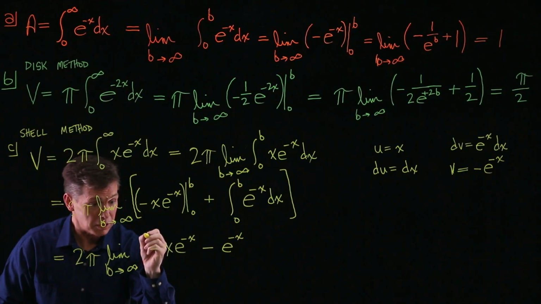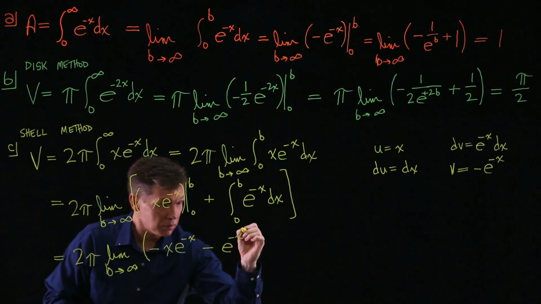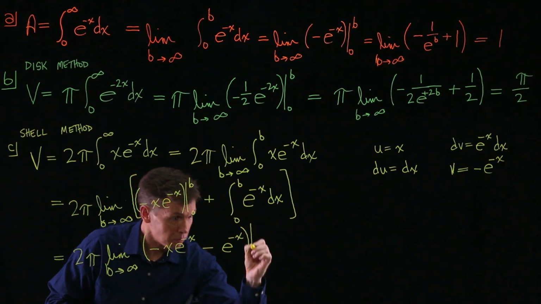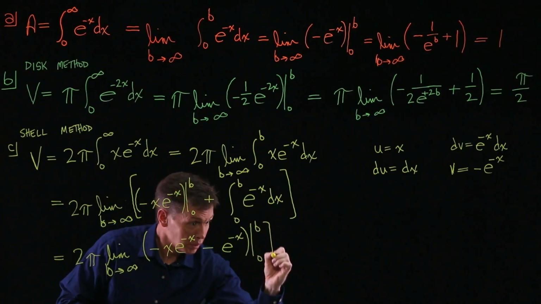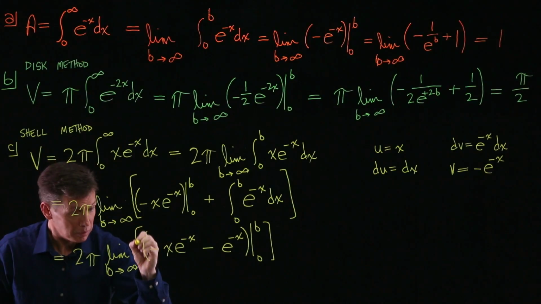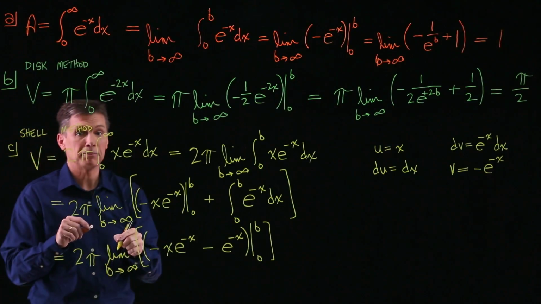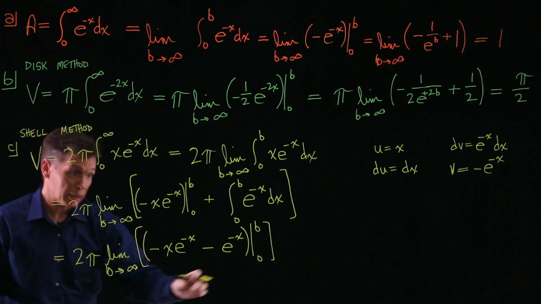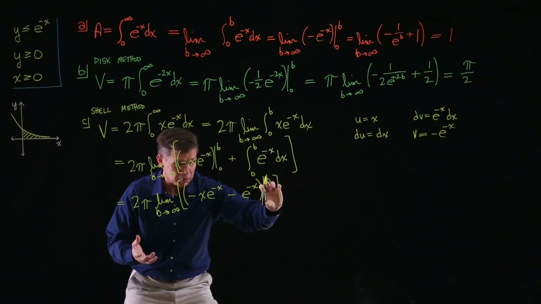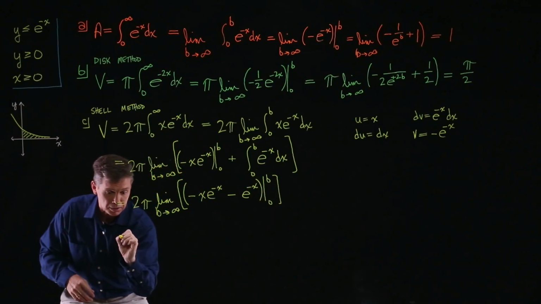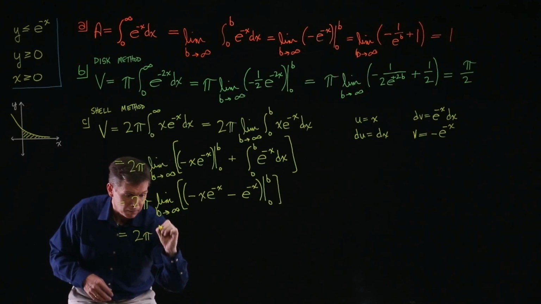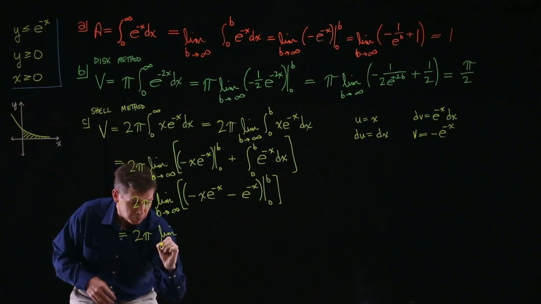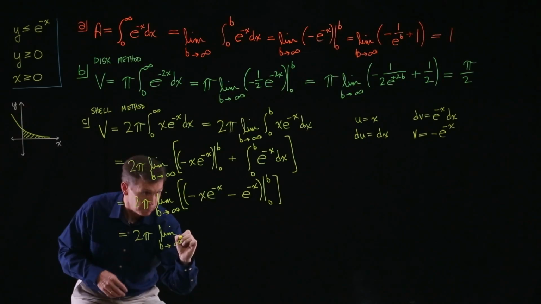And so those limits of integration apply to all of this now, 0 to b. And then square braces again if it helps, because that's all still inside your limit. Now I'll do my fundamental theorem of calculus, plugging in your limits of integration. This equals the 2 pi still. The limit as b goes to infinity still.